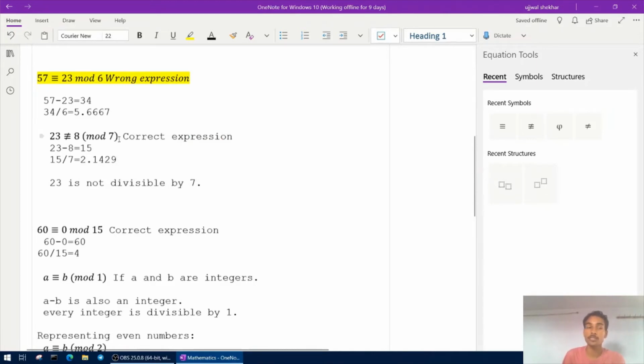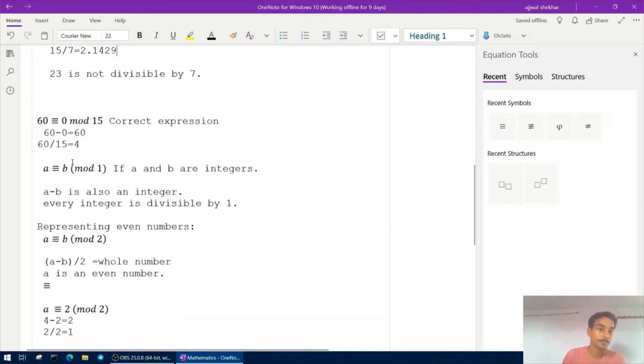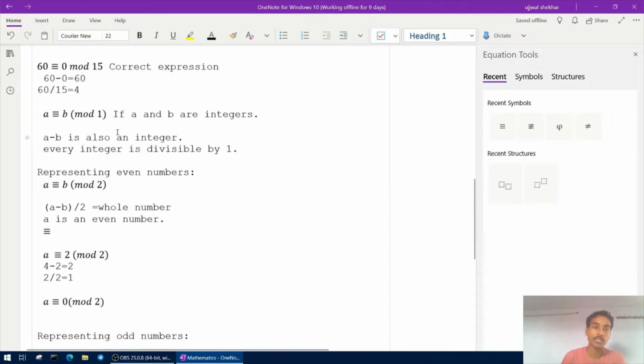This is basically not congruent to. Again I have an expression, 60 is equivalent to 0 mod 15, right? We will do 60 minus 0, and you can practice with any number and check if it fits in the expression or not.